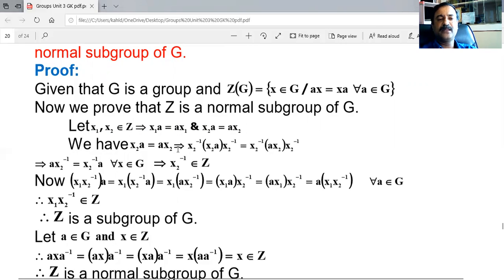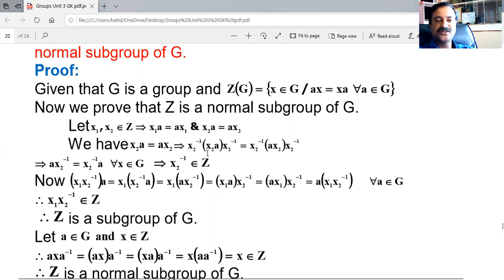I am multiplying both sides with x2 inverse. The left side, LHS part, is multiplied on the left side by x2 inverse, and also the right side, RHS, by x2 inverse. Now we are multiplying x2 inverse into x2.